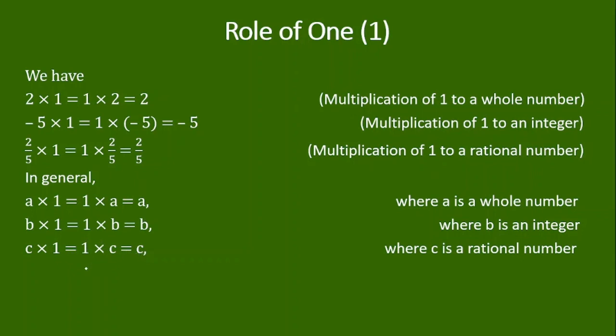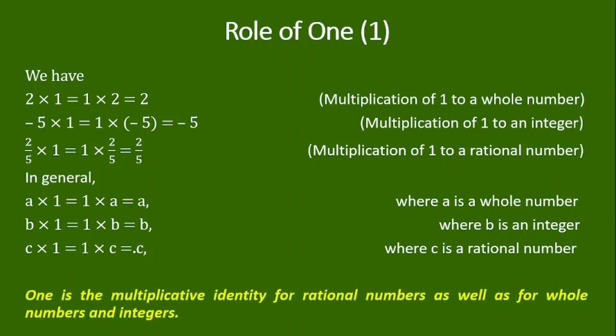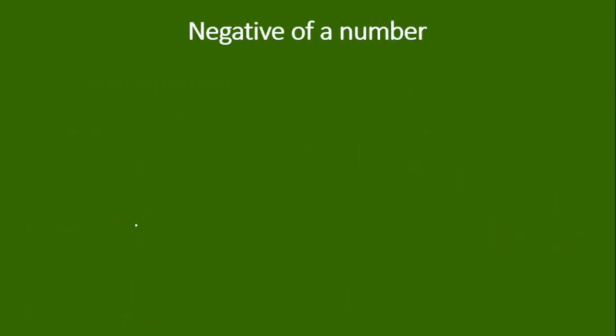So if I multiply 1 with a rational number, I get the same rational number. So we can say that 1 is the multiplicative identity for rational numbers as well as for whole numbers and integers. This is the role of 1. Now next we will see the negative of a number.